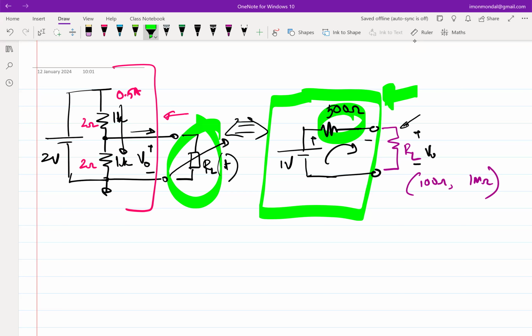When you are modeling something, you are modeling for that particular behavior, not for anything else in the circuit. In this case, it's not modeling for the amount of power consumption. It's only modeling for the output voltage and output current. So it might be the same, might not be the same. That depends on the particular circuit, because the Thevenin theorem doesn't model for keeping power consumption the same between the equivalents. But very good question. Thank you.